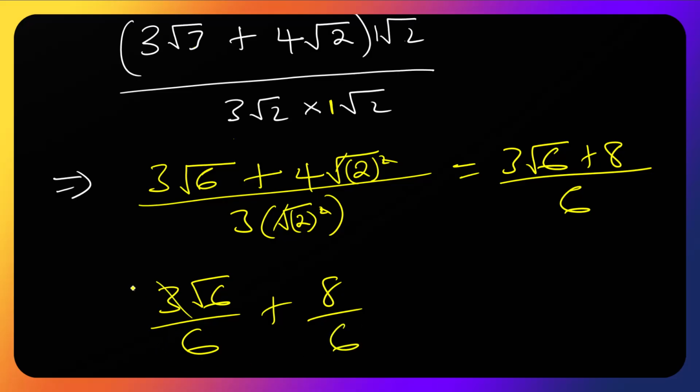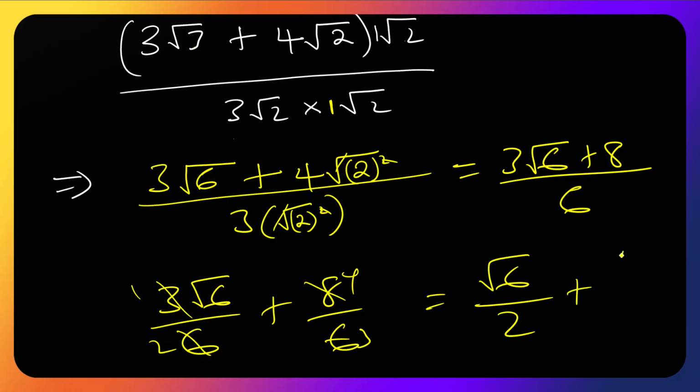So we have 1, 2, 2 here, 4, 2 here, 3, with 6 on 2 plus 4 on 3. Okay, as simple as that. So that's the answer.